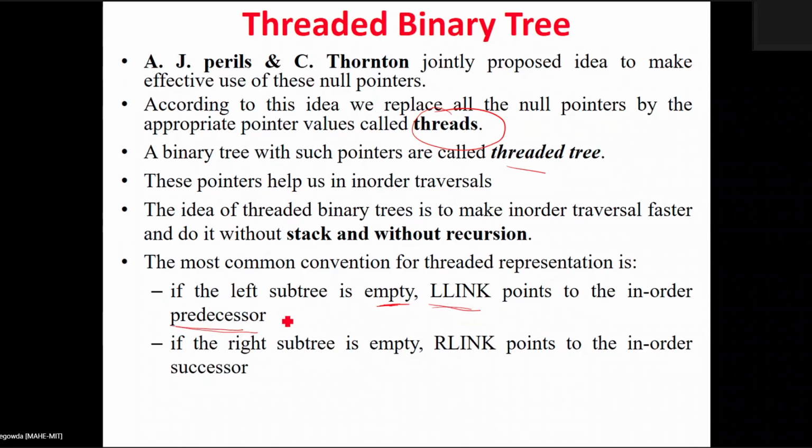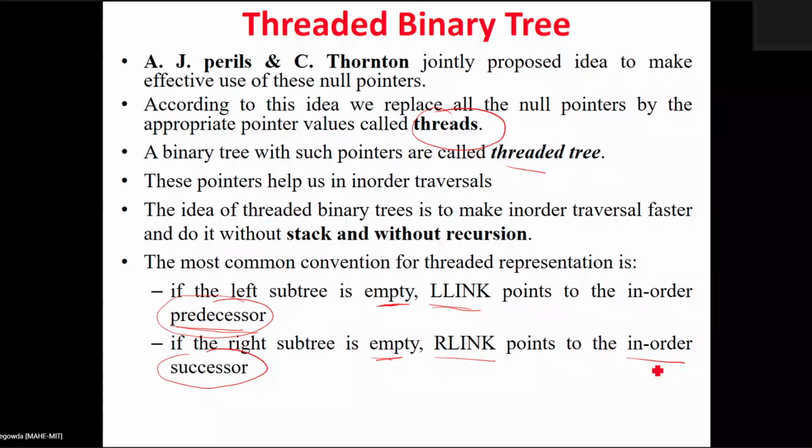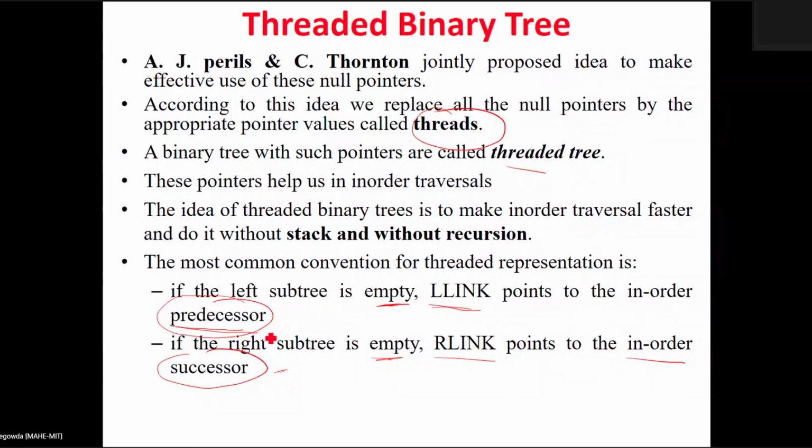If the right subtree is empty, the right link points to the in-order successor. So the empty left link is filled by the in-order predecessor, and the empty right link is filled by the in-order successor. Here predecessor and successor refer to nodes.